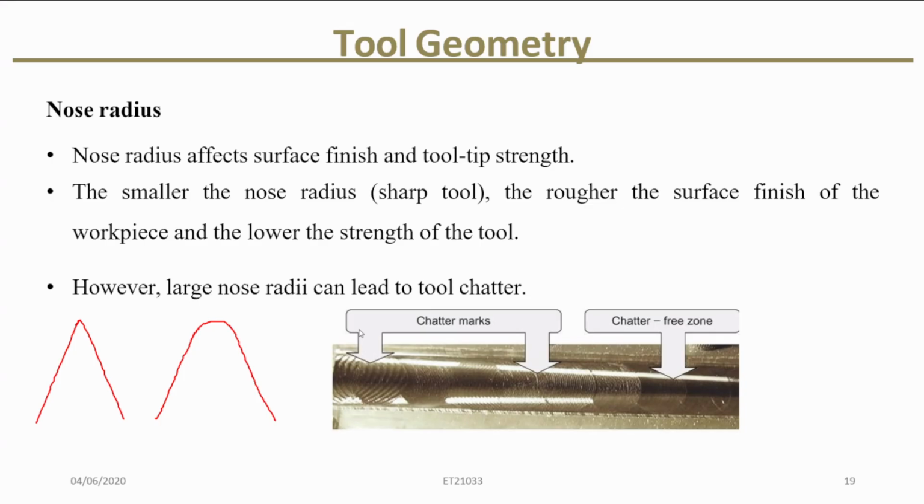This radius we know as the nose radius. The nose radius affects surface finish and tool tip strength. The smaller the nose radius, the rougher the surface finish of the workpiece and the lower the strength of the tool. However, large nose radii can lead to tool chatter.